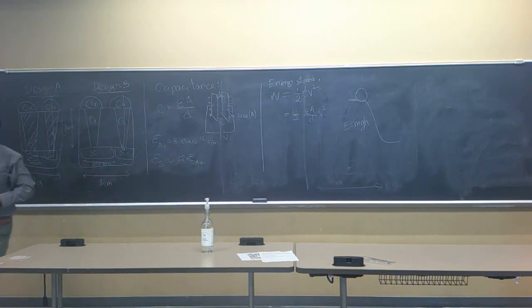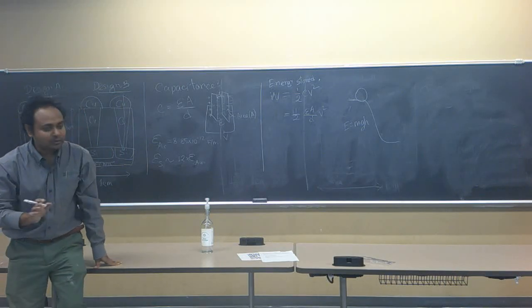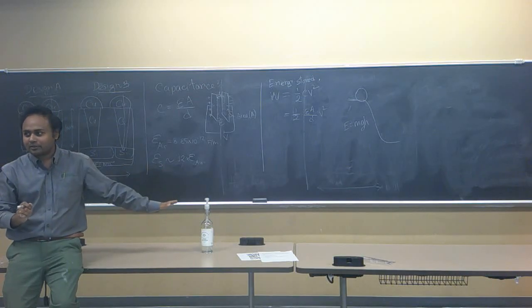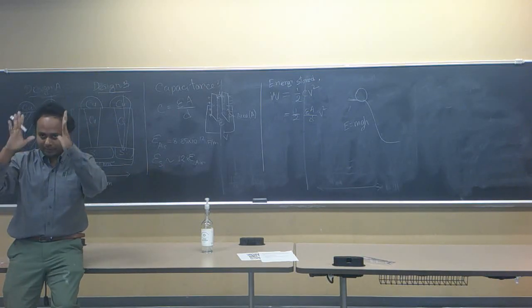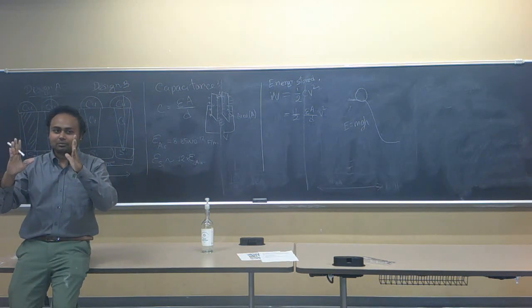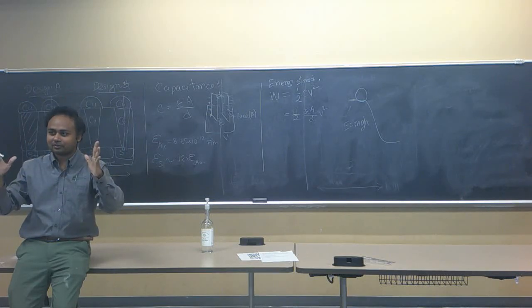Alright? Now that might sound a little counterintuitive. Does it sound counterintuitive to any of you? That if I have two metal plates, one positive and one negative, should they come closer or should they go away from each other?